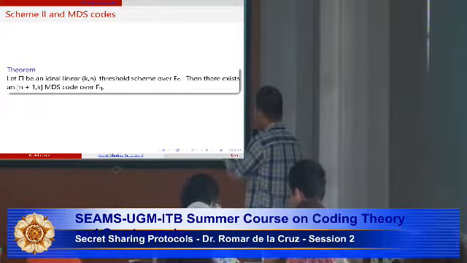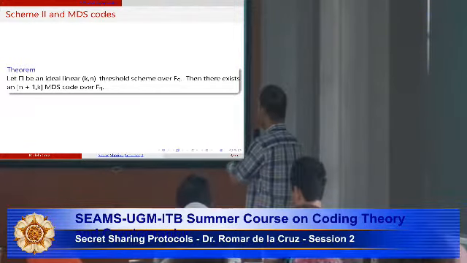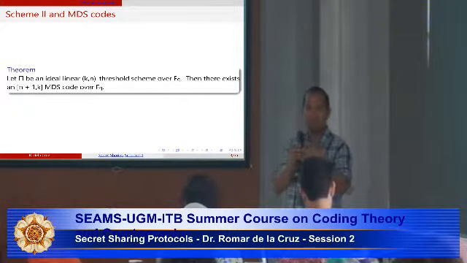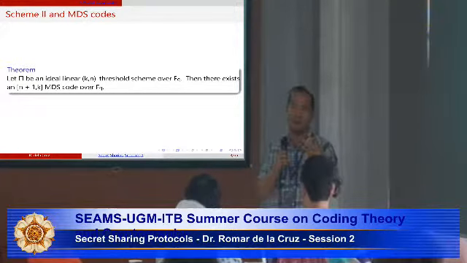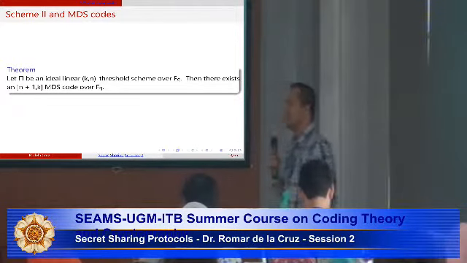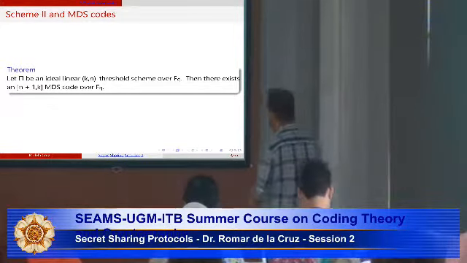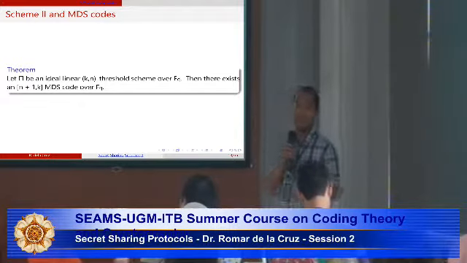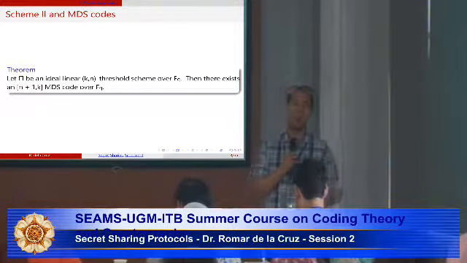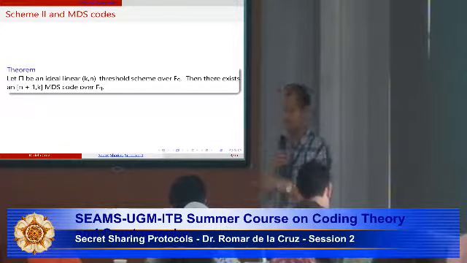What happens here is, since they are essentially equivalent, if you obtain results on MDS codes, it translates to results for threshold schemes. Or if you obtain results on threshold schemes, you can apply them to problems on MDS codes.